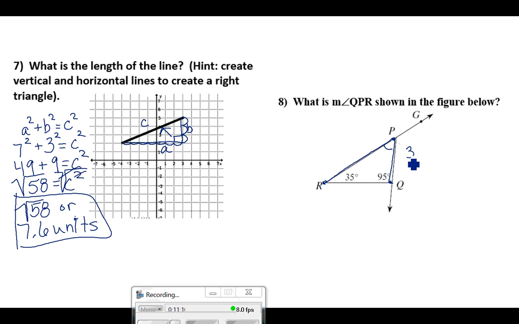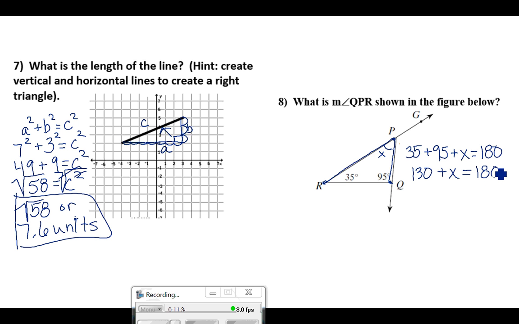We have the 35 degrees plus 95 degrees plus x, because that's what we're looking for. And that all has to add up to a sum of 180 degrees. So we're going to add together the 35 plus the 95, and that equals 130, and then we bring down the rest of the equation.